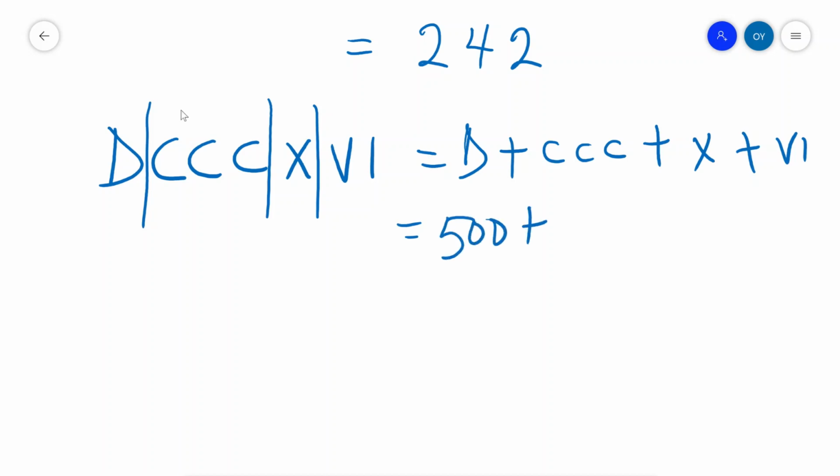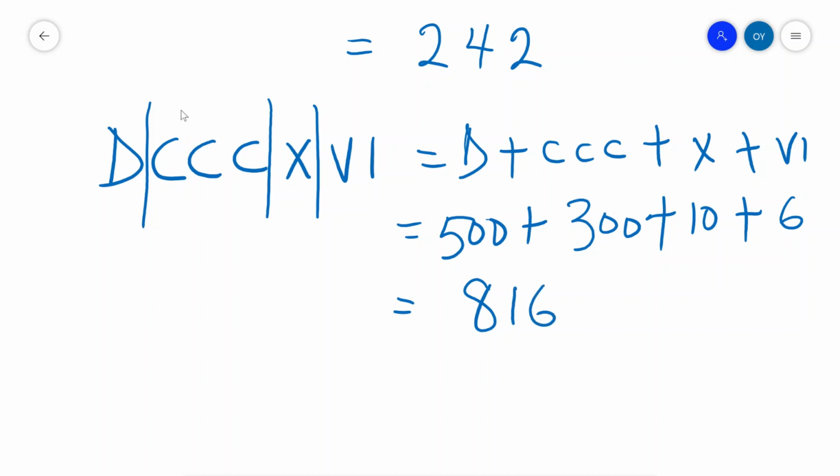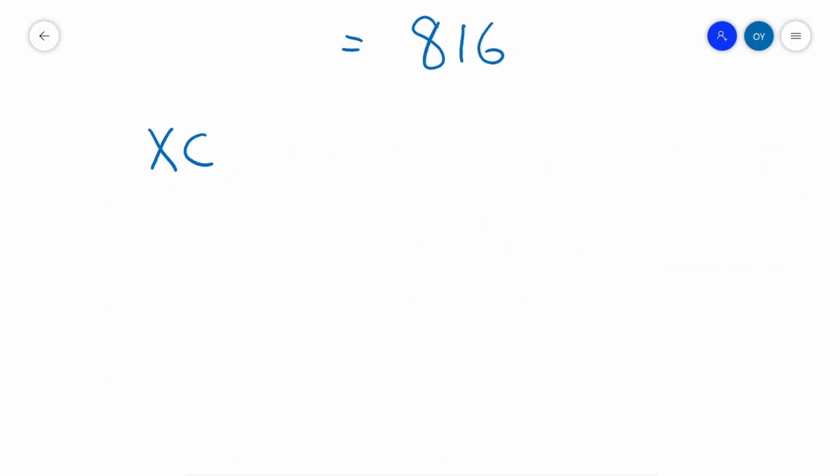Triple C is 300, because each C represents 100, and 100 times 3 is 300. Then X is 10, and VI is 5 plus 1, and that is 6. Putting this together, 500 plus 300, that is 800, so we write 8, and 10 is in the tens place, 1, and 6 is in the ones place. So 816.